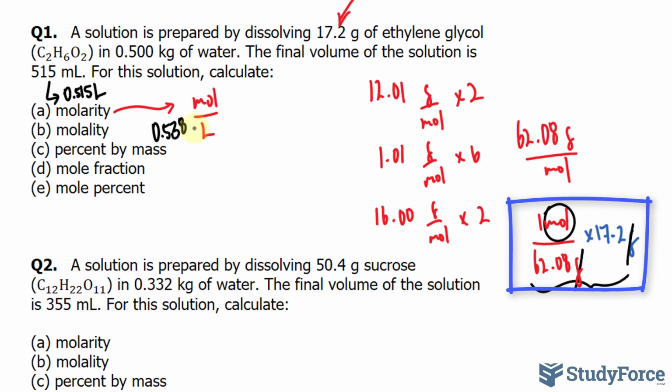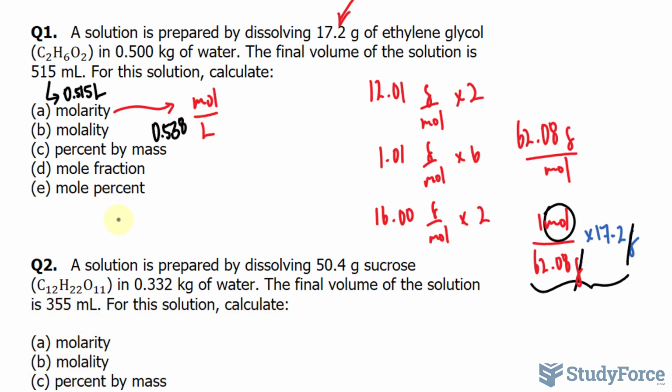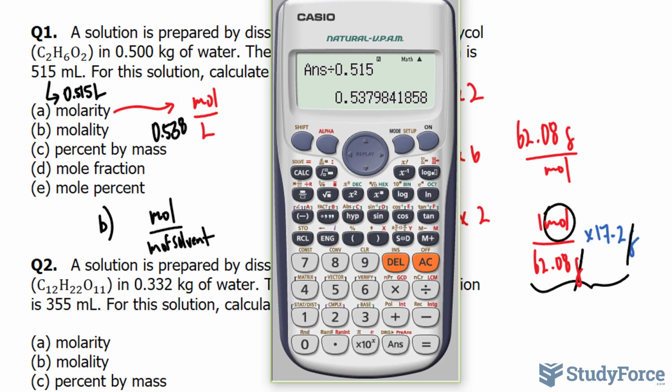To calculate the molality, we use the amount of ethylene glycol in moles from part A that we found and divide it by the mass of the water in kilograms, because molality is a measure of the amount of solute in moles per the amount of solvent, which we are told in kilograms. So molality is a measure of moles per mass of solvent. I'm going to go ahead and calculate this again and use that for the top part. So we have 17.2 divided by 62.08.